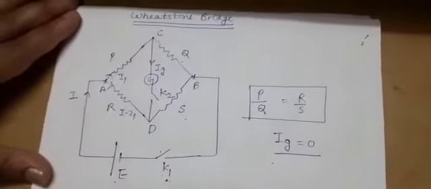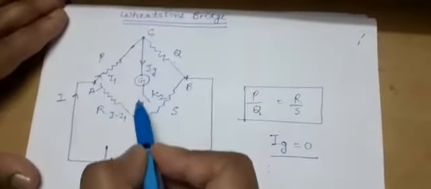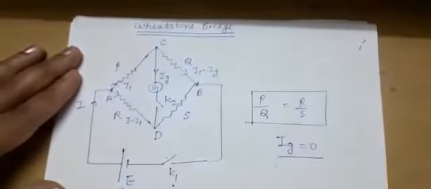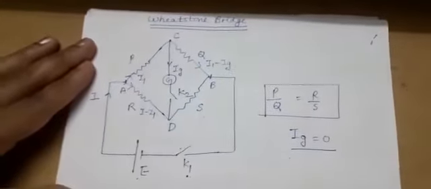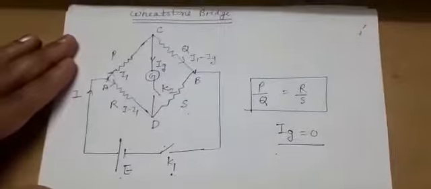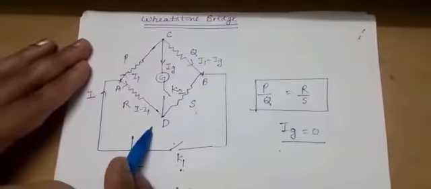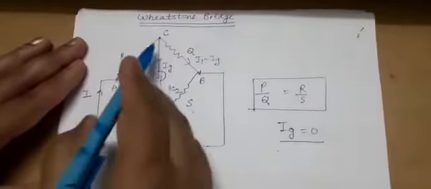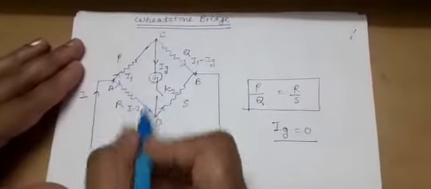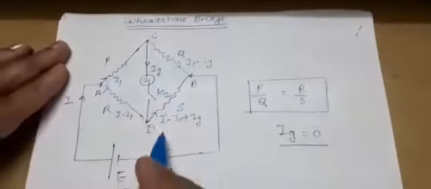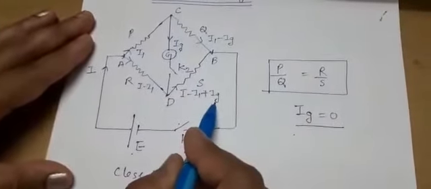So let one part of the current flow through this branch and the remaining current flow through this branch, that is I1 minus Ig through resistance Q. Now at junction D, I minus I1 current is flowing across this and Ig is coming across this branch. So across resistance S, these currents will combine, and the current flowing through S will be I minus I1 plus Ig.